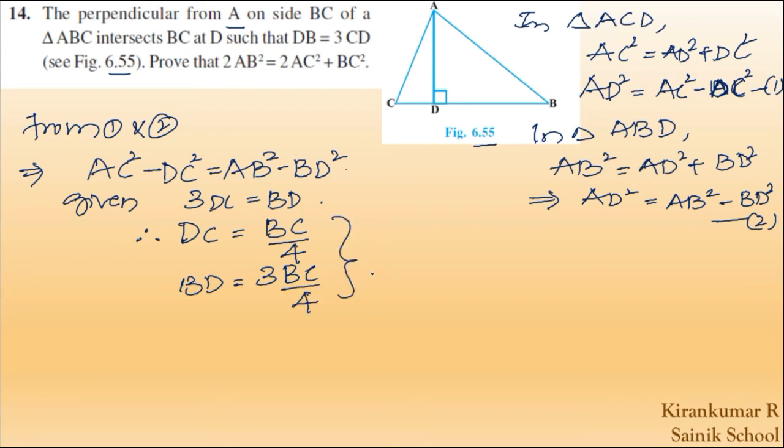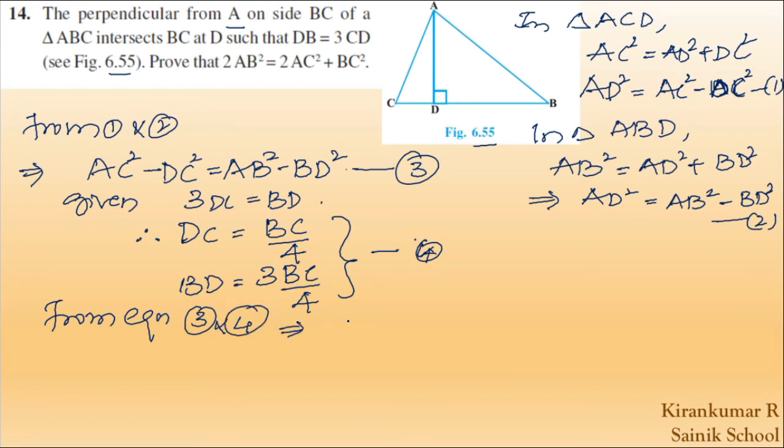Let me name this as equation 3 and this as equation 4. From equation 3 and 4 we get AC square minus BC upon 4 whole square equal to AB square minus 3 times of BC upon 4 whole square.